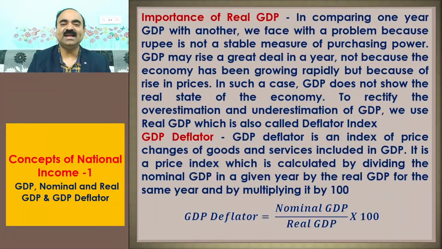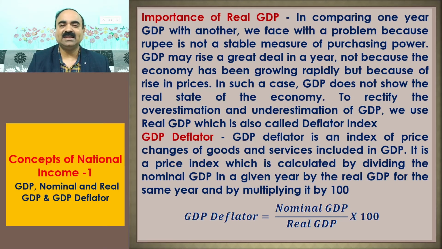Importance of real GDP. In comparing one year's GDP with another, we face a problem because the rupee is not a stable measure of purchasing power. GDP may rise a great deal in a year, not because the economy has been growing rapidly, but because of a rise in prices.